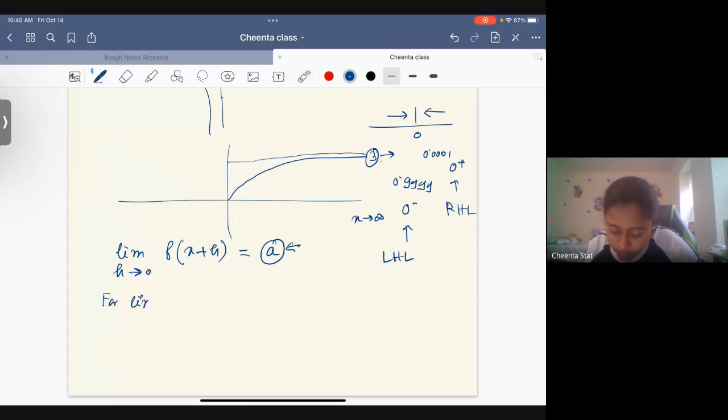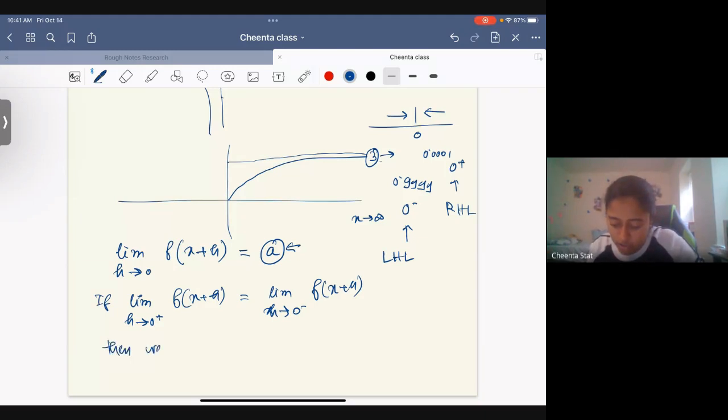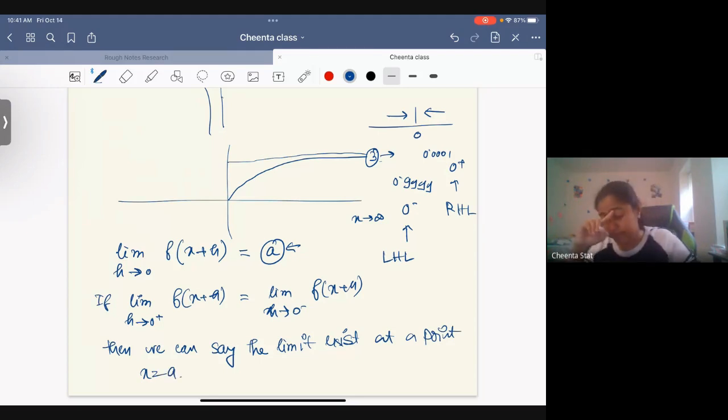And for limit, if limit h tends to 0 plus f of x plus h equals limit h tends to 0 minus f of x plus h, then we can say the limit exists at a point x equals a, if left hand limit and right hand limit exist at a point a.